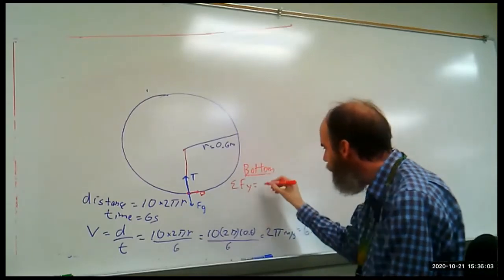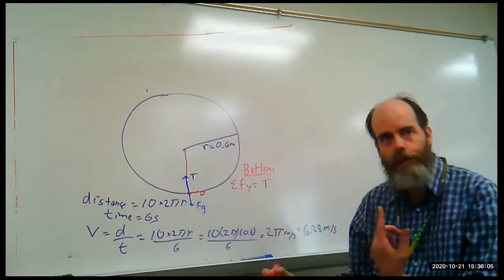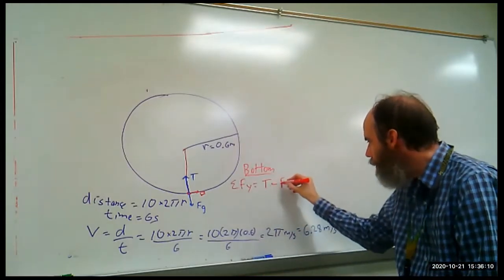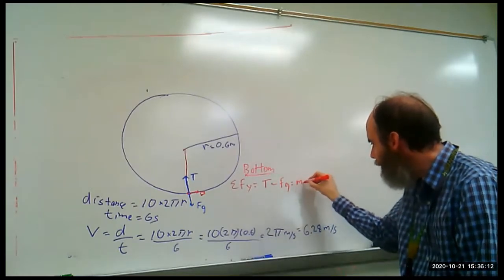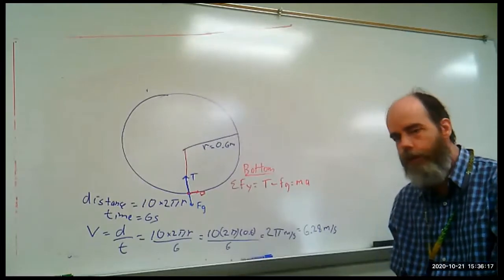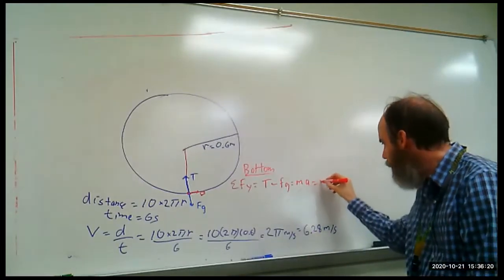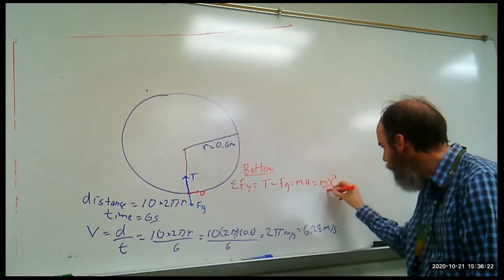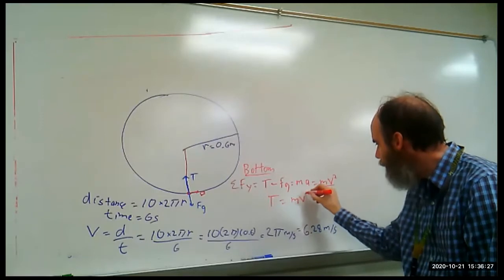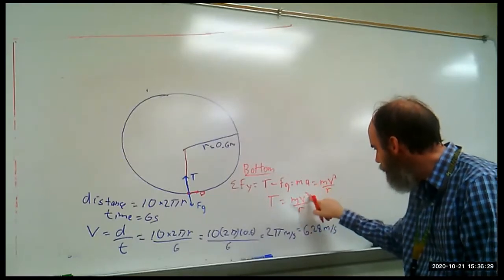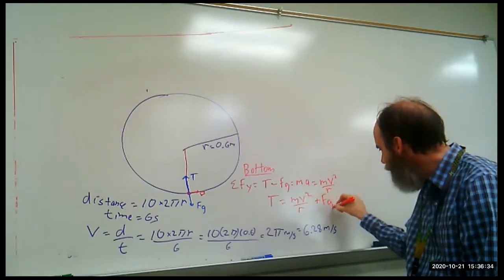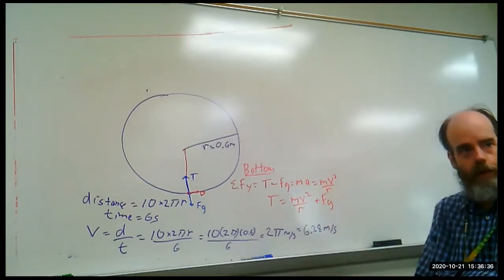Sum of forces y equals tension, and I'm going to assume up is positive because the acceleration is up, tension minus force of gravity, and that equals mass times acceleration. The acceleration is centripetal acceleration, which is v squared over r. So it equals mv squared over r. Therefore the tension is mv squared over r plus Fg at the bottom of the circle.